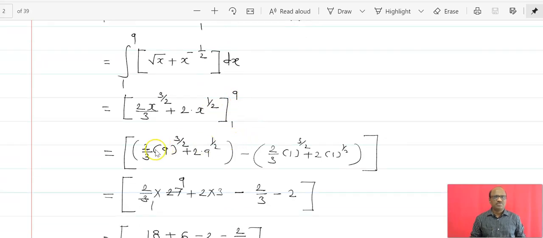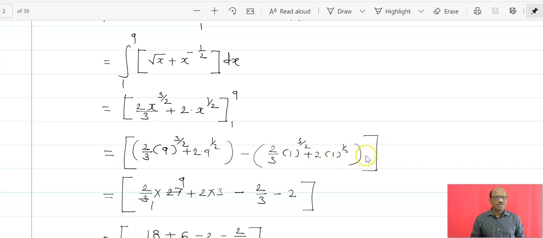Now substitute upper limit minus lower limit. That is 2 by 3 in bracket 9 raised to 3 by 2 plus 2 into 9 raised to 1 by 2, minus, what about the next? That is 2 by 3, 1 raised to 3 by 2 plus 2 into 1 raised to 1 by 2.